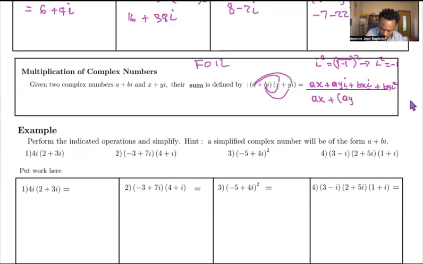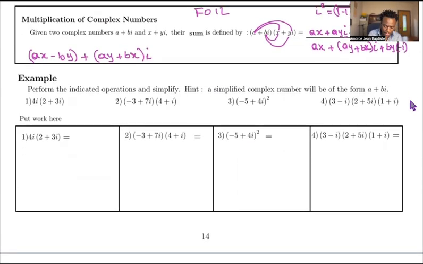So AY plus BXi, plus BY times negative 1. So that becomes negative BY. So finally, you're going to have AX minus BY. That's the real part of the multiplication, plus AY plus BXi.